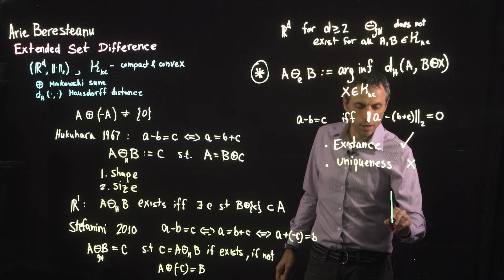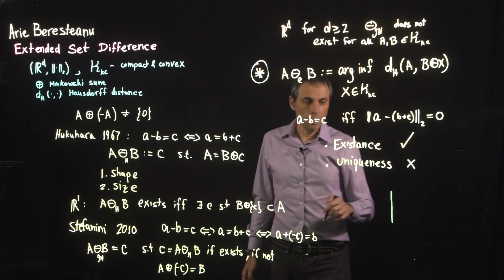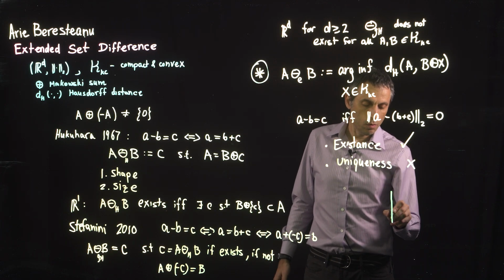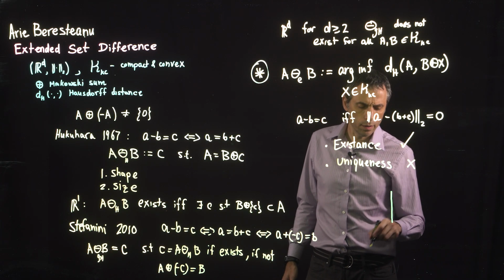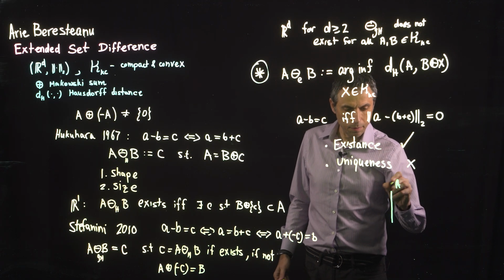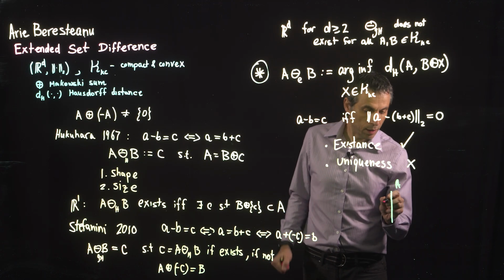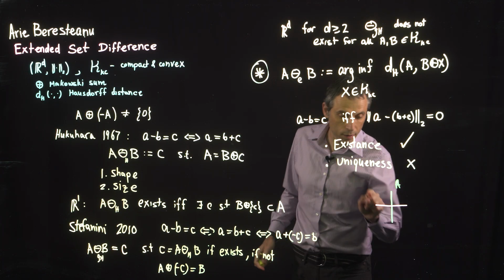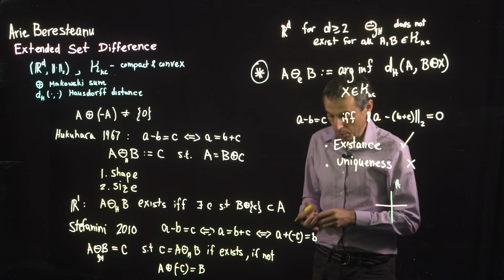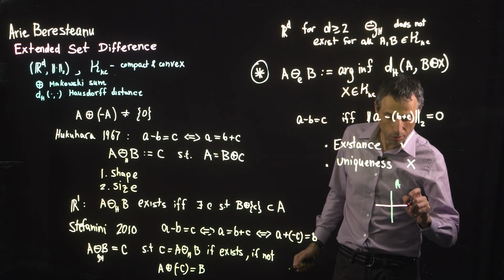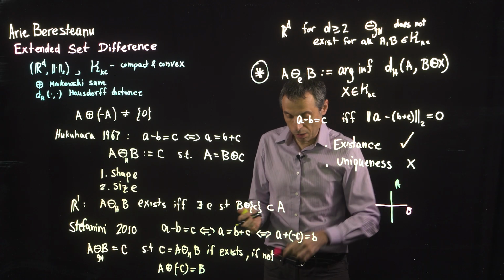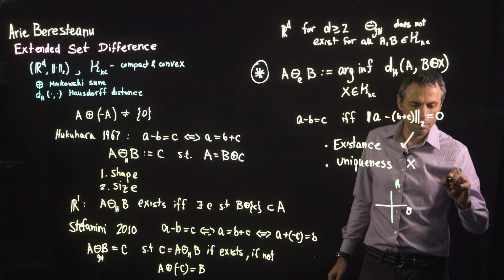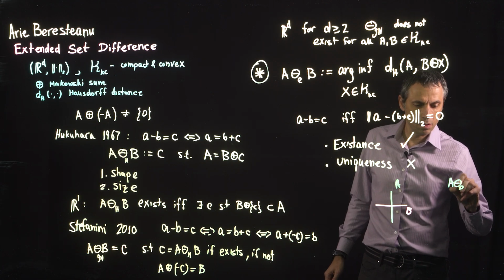If the set A is just this segment, and it goes from (0,-1) to (0,1), this is the set A. And the set B is just another segment which is exactly perpendicular to it, and that goes from (-1,0) to (1,0). That will be the set B. So A extended difference B. The Minkowski difference and the generalized one do not exist here.